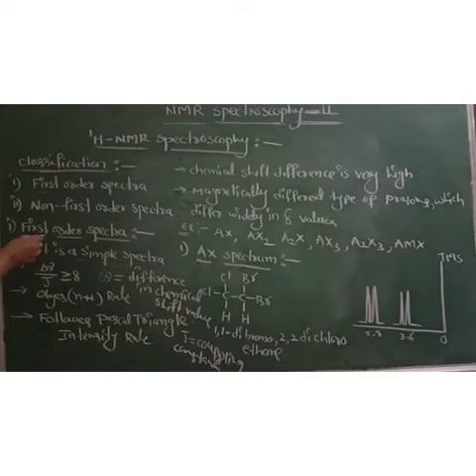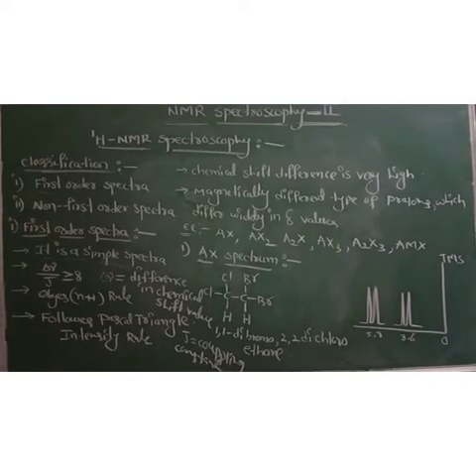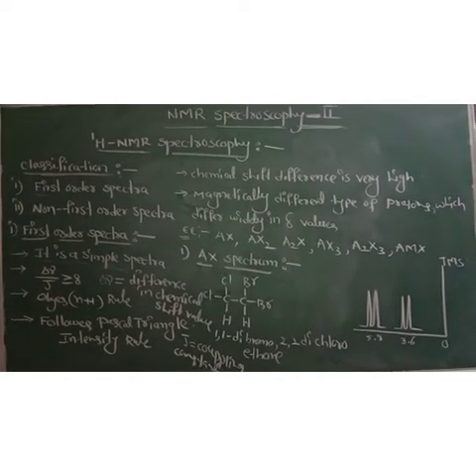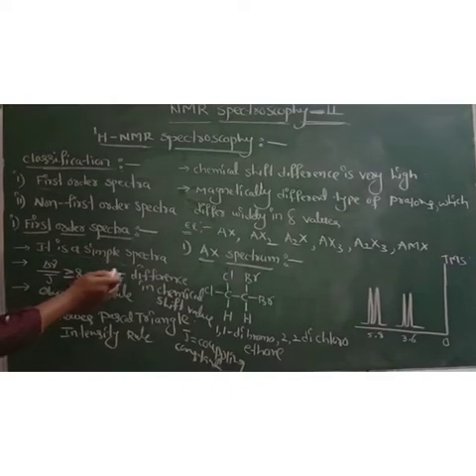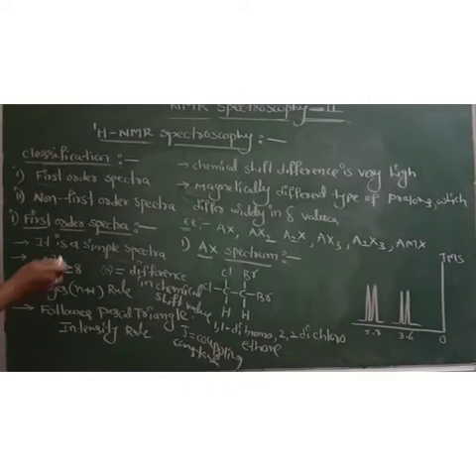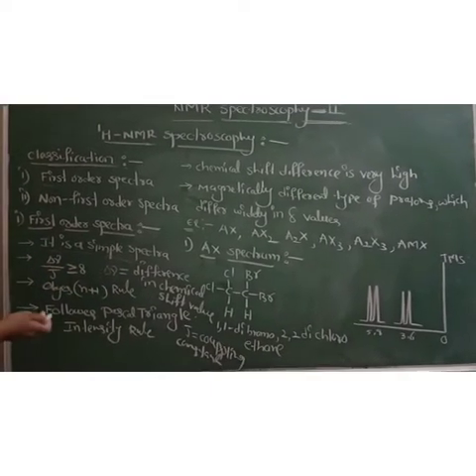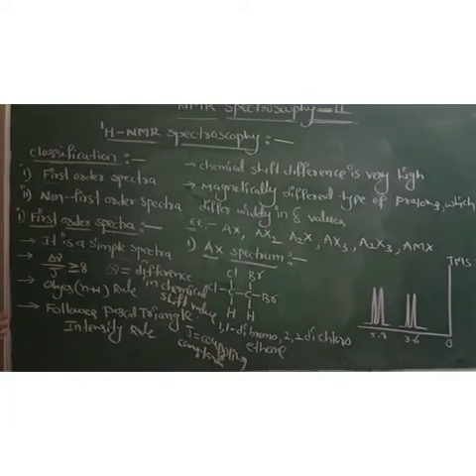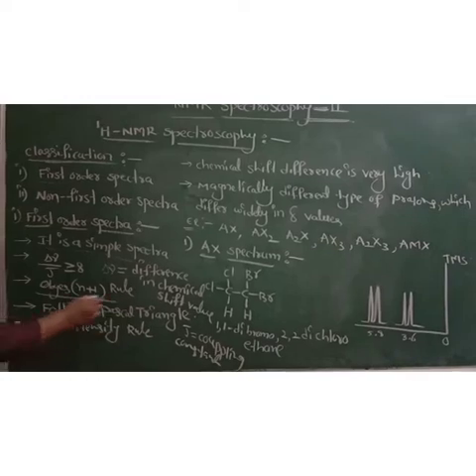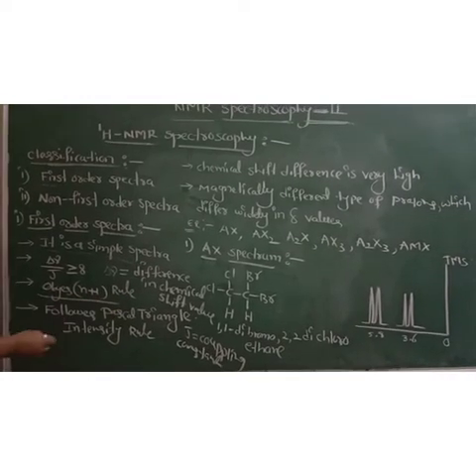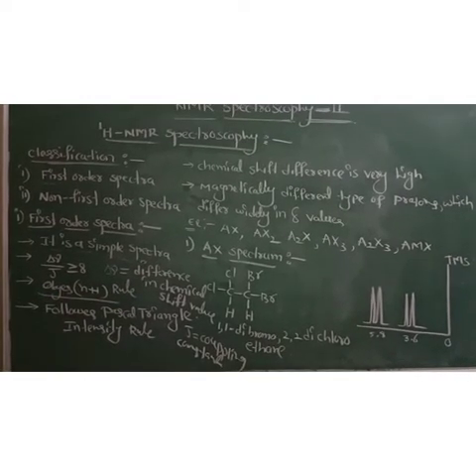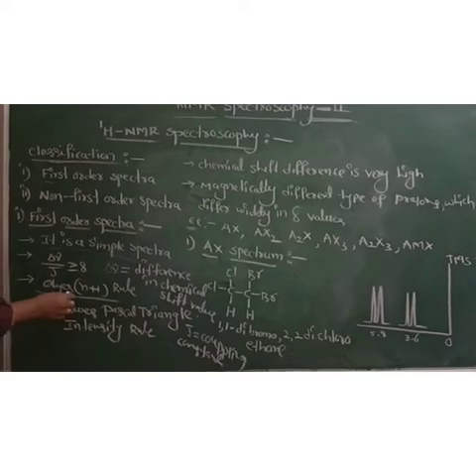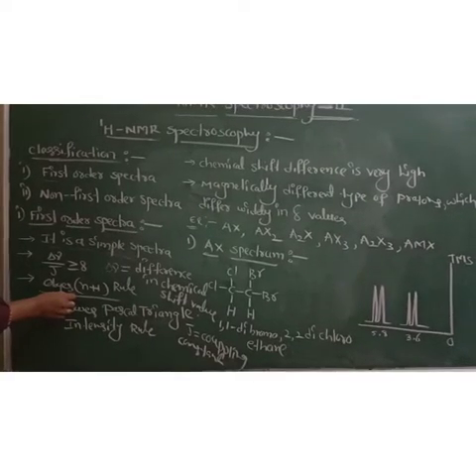In this first order spectra, the signals appear so clearly, and the positions of the signals also appear clearly in the spectrum, and we can easily identify types of protons in this spectrum. It obeys the n plus 1 rule, where n is the number of neighboring protons giving coupling in the signal.